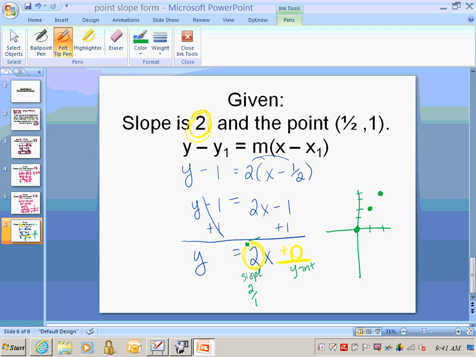Okay, so I just want to point out that if they give you slope as 2, your final equation, your slope should be 2. If it's not, then you did something wrong. Okay, so check that. Make sure they're the same. And if we were to keep going, okay, so if I'm at x is 1/2, my y value is going to be 1. It's going to run through that point. Does everybody see what we're doing? Okay.